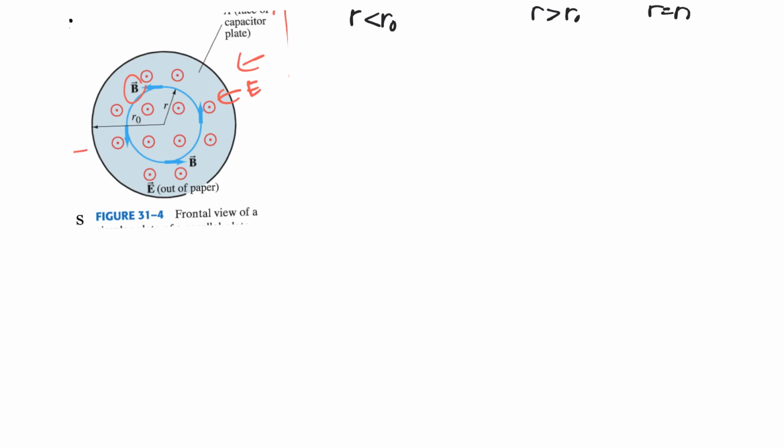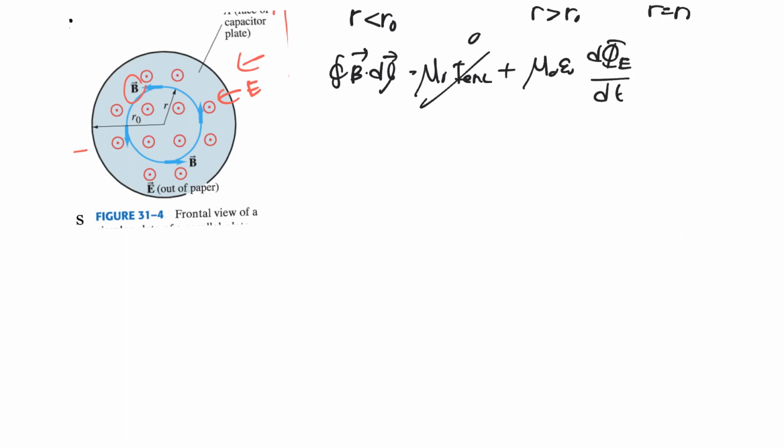Basically here the original formula, Ampere's law that we modify with the Maxwell idea, is the integral of B dot dl equals mu naught I enclosed plus mu naught epsilon naught d flux E over dt. But the first term is going to be 0 because there is no current enclosed inside the area. The only thing we have is a change of electric field. So the only formula is the integral of B dot dl equals mu naught epsilon naught d flux E over dt.